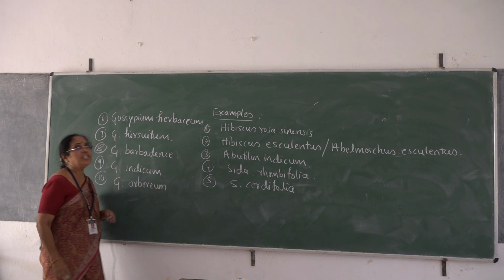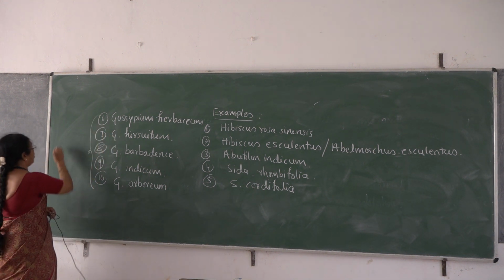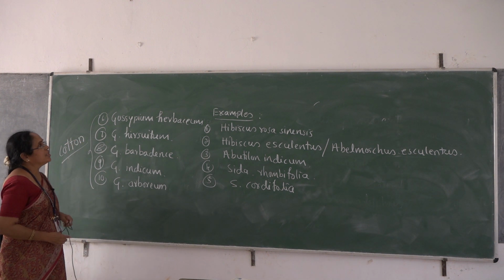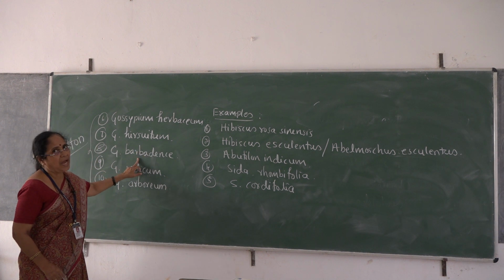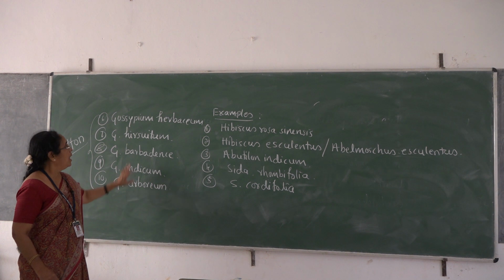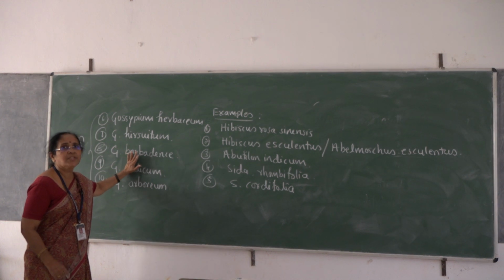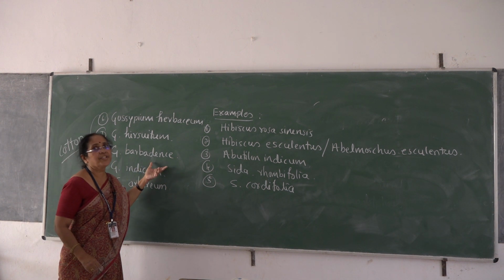These are the 5 species of cotton, and these are cultivated plants for their fiber. Fiber used in textile industry.